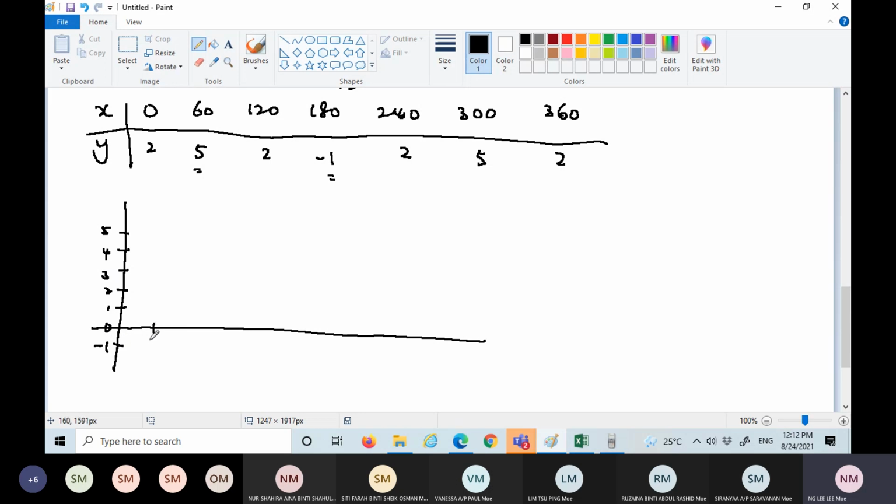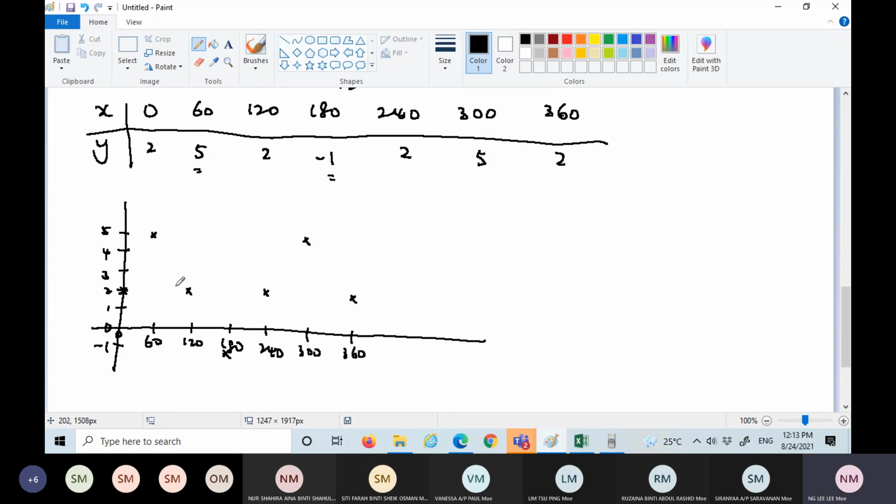And then 60, 120 for the x value, 180, 240, 300, 360. Now you can plot. When 0 is 2 here, when 60 is 5 here, 120 again comes back to 2, then 180 is -1, 240 comes back to 2, 300 is 5, then 360 is 2.